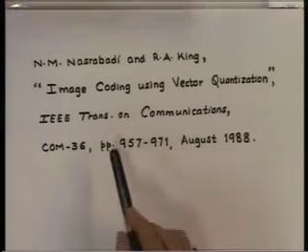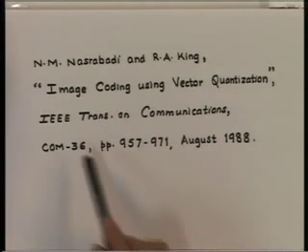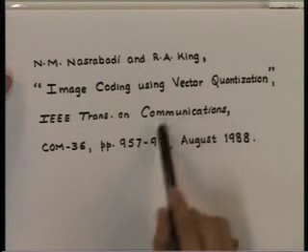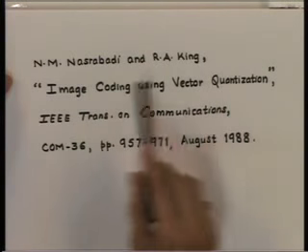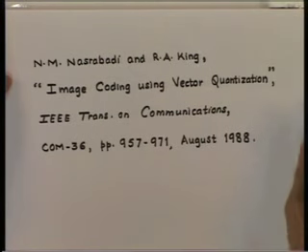In the literature there are many variants of vector quantizer which address these issues, and one such reference is shown here. This is a reference by Nasrabadi and King which appeared in IEEE Transactions on Communications, and it discusses some of the basics of different variants of vector quantization.